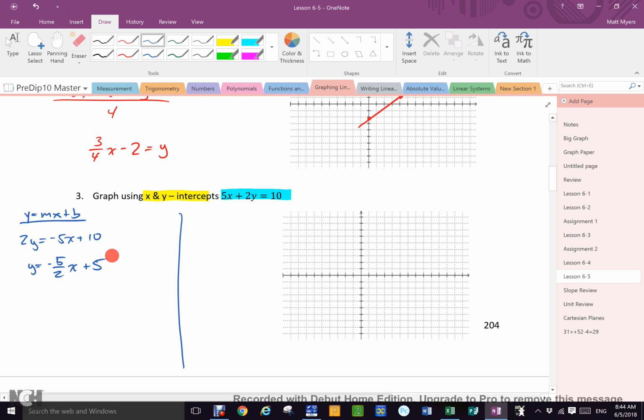Everybody cool to there? So what then automatically is my y-intercept? My y-intercept equals 5. So I could put a dot at 1, 2, 3, 4, 5. Now, we know that we could count this out, yes? But I have specifically asked you to tell me the x-intercept.